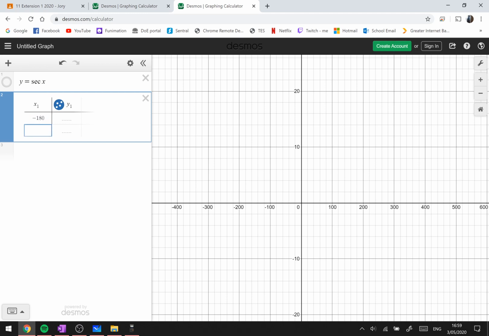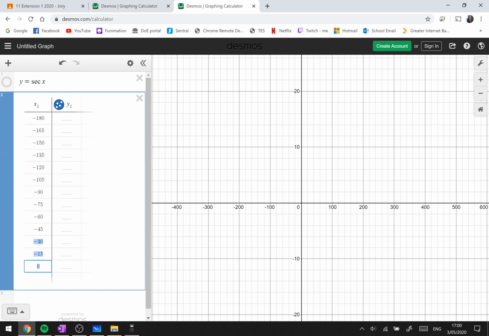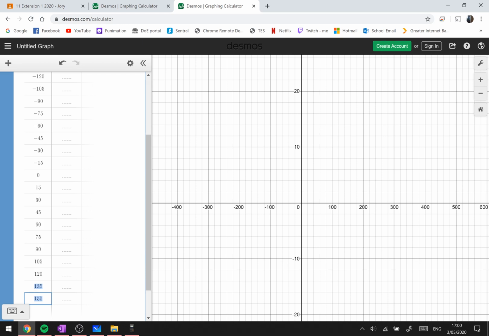So negative 180, and we'll go up by increments of 15 still. Negative 180, negative 165, and then I should be able to do the rest going down like that.